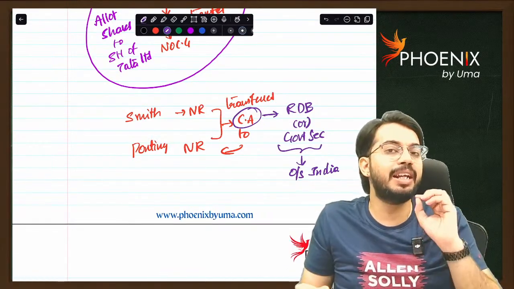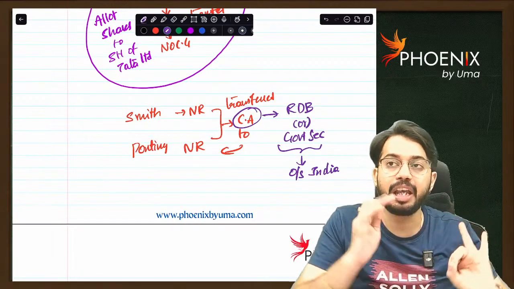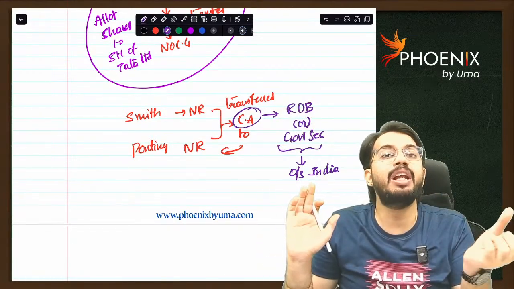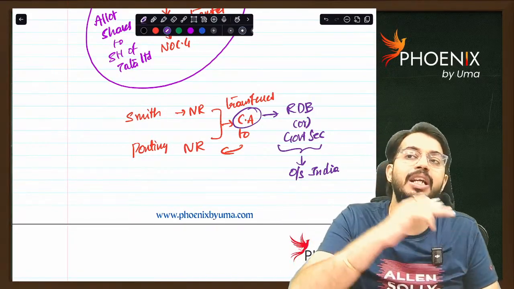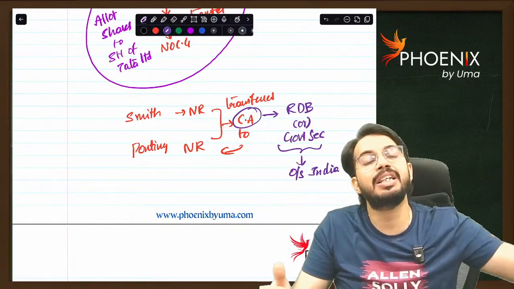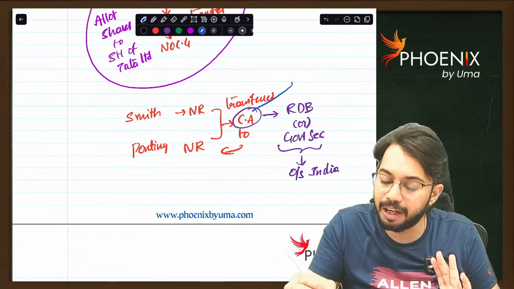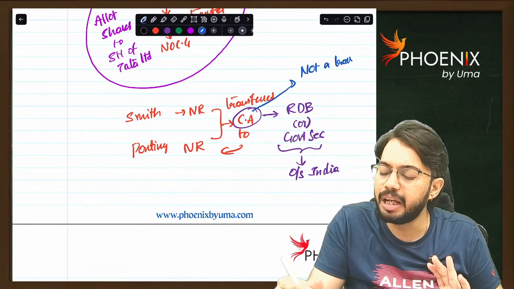So if there is a transfer of either rupee denominated bond or government security outside India, okay, then the transaction is happening between one non-resident and another non-resident. The transaction is happening outside India. So even though capital asset is transferred, this is not a transfer and no capital gains are required to be calculated.